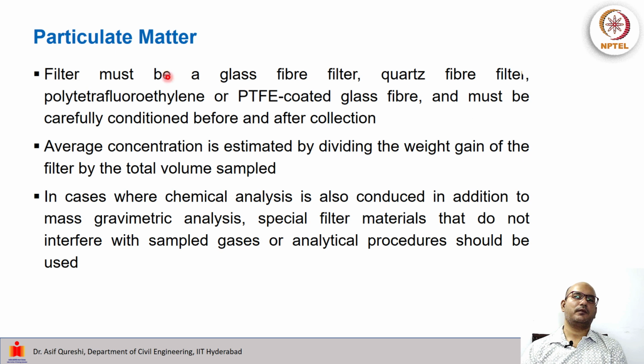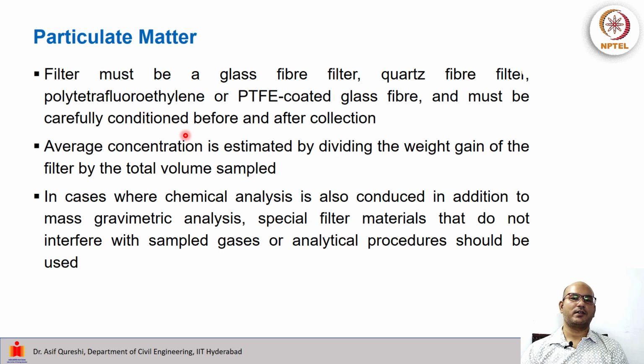But filters must be carefully conditioned before and after collection, so that we have standard conditions for comparing the before and after values. By this we can say how much particulate matter in whatever size range we are looking at is present in the air which we sampled.